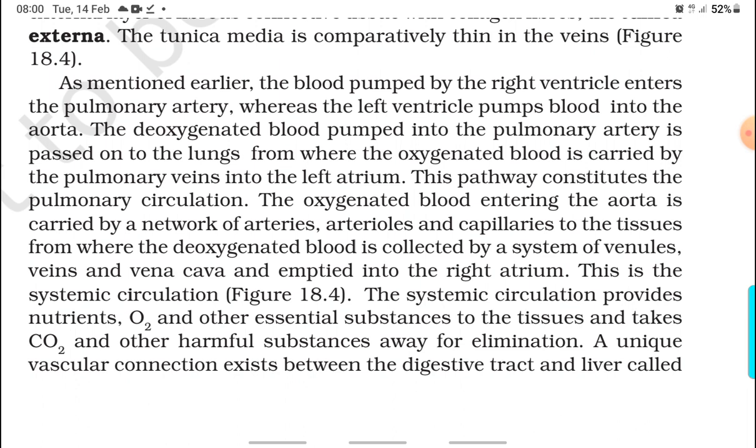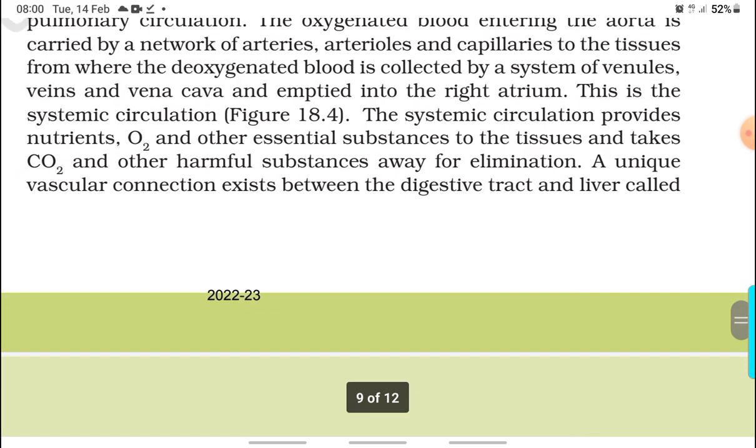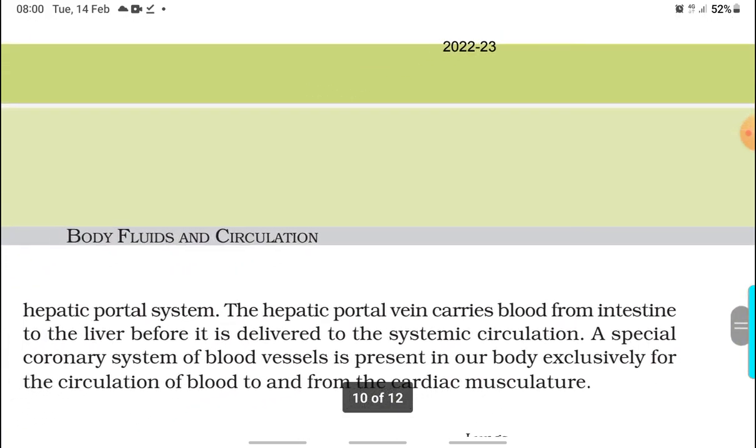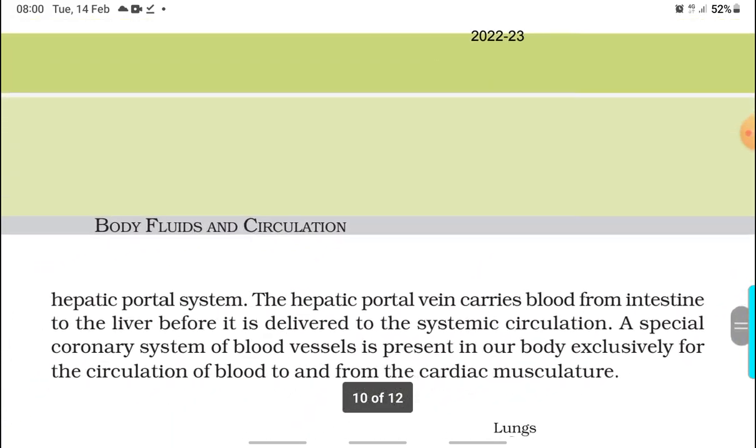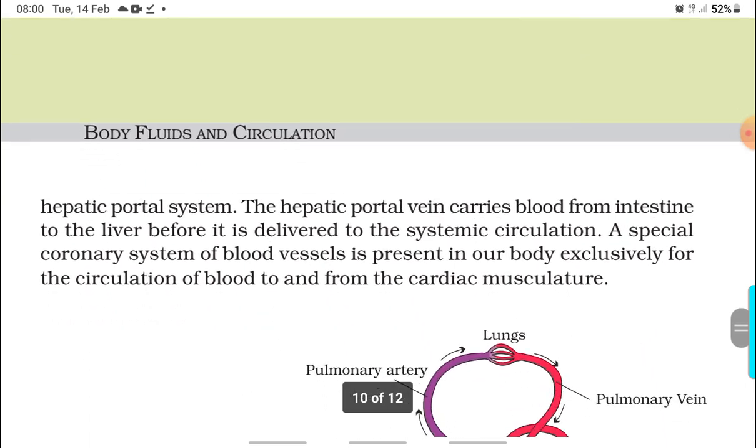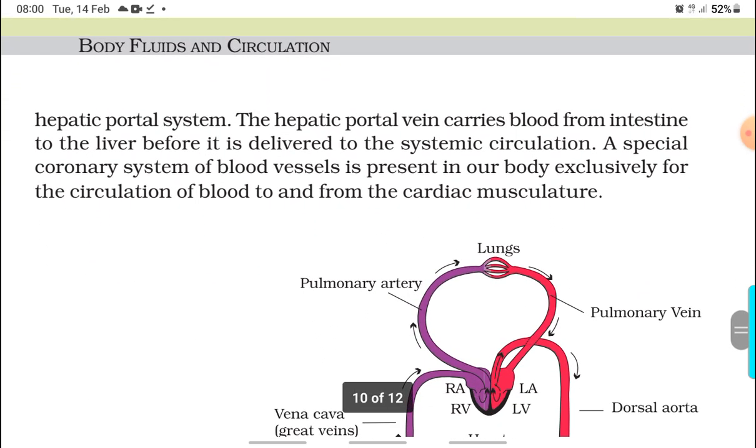The systemic circulation provides nutrients, oxygen, and other essential substances to the tissues and takes carbon dioxide and other harmful substances away for elimination. A unique vascular connection exists between the digestive tract and the liver, called hepatic portal system. The hepatic portal vein carries blood from the intestine to the liver before it is delivered to the systemic circulation.